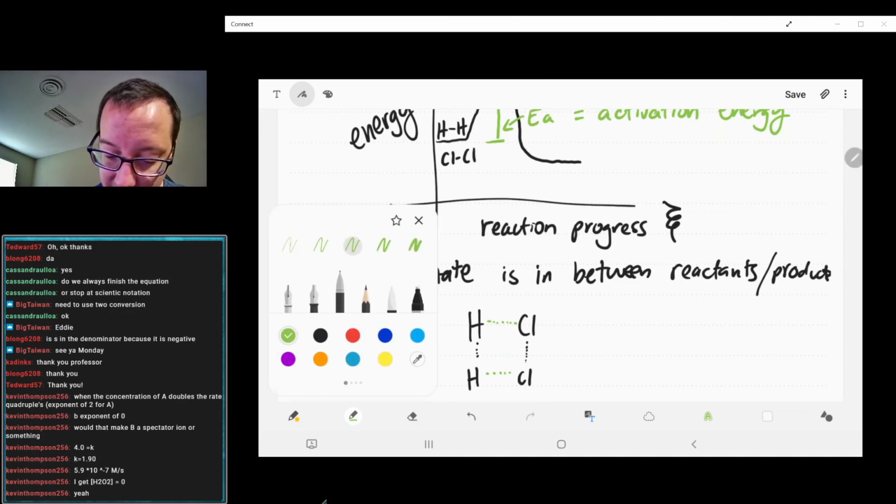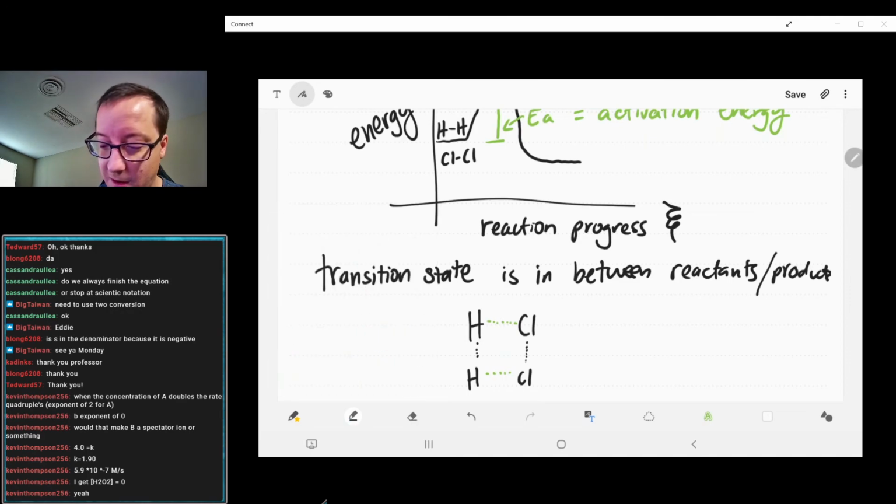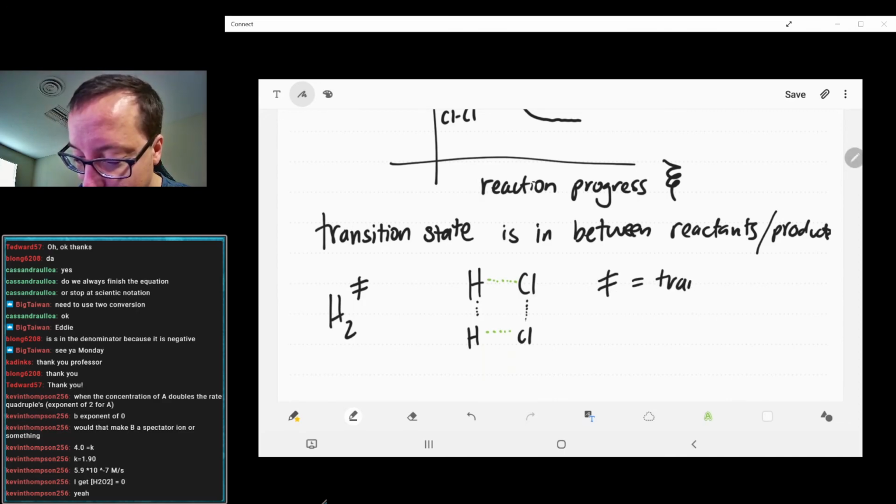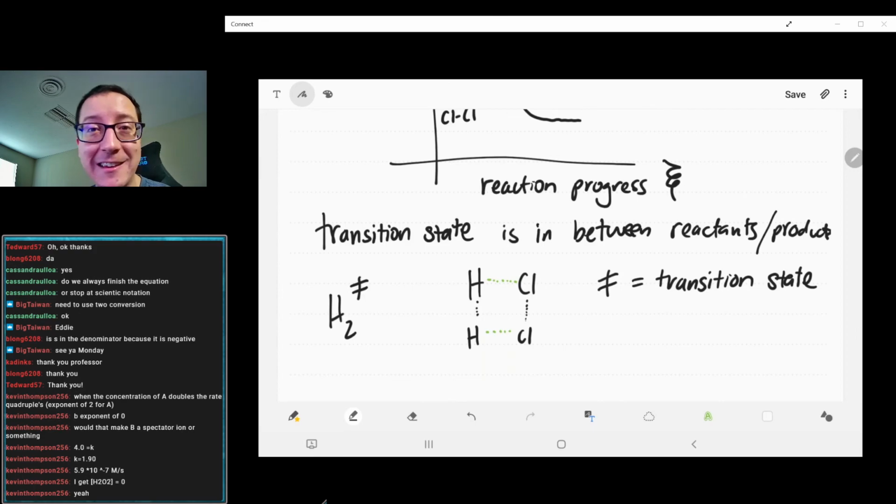The transition state is often described, if we were to just write it out, as something like this. We use this double dagger symbol to indicate the transition state. So whenever you see this, that equals the transition state. Transition states can't really be isolated, so we can't just pick out this blob.